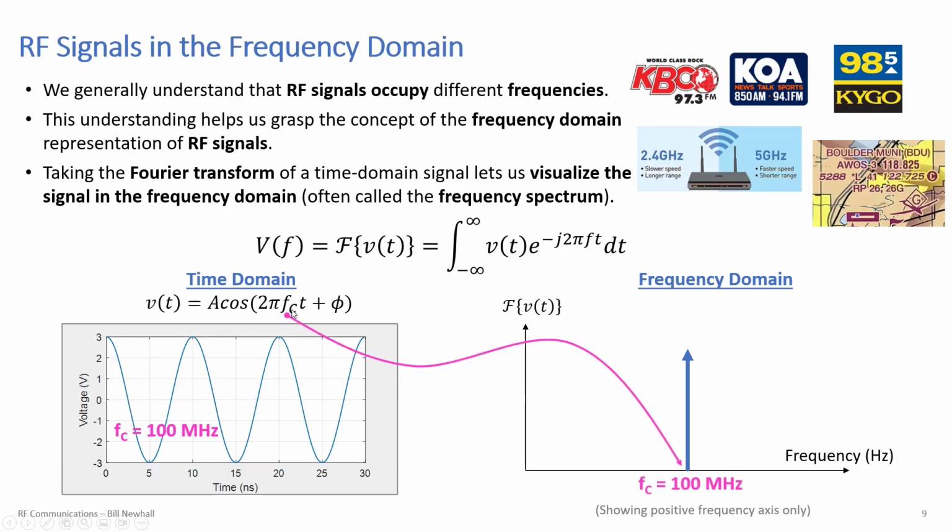And so in the frequency domain, if you have a 100 megahertz signal somewhere in the FM radio band, right, that would show up at 100 megahertz in the frequency domain, in the spectrum. So whenever I'm talking about the RF spectrum or a plot of the RF spectrum, I'm talking essentially about the Fourier transform or a frequency representation where it's some value versus frequency.